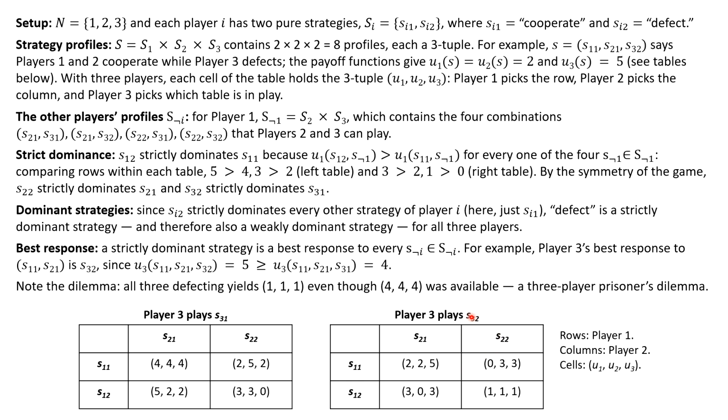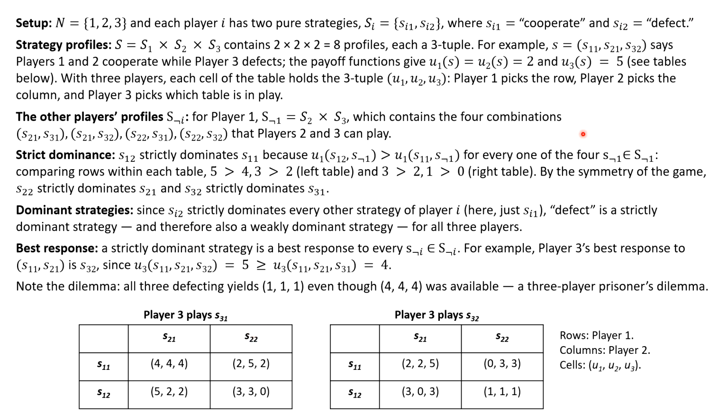And so player 2 would play S22, picking the dominant strategy. In all cases, it would always make that selection. And we can do the same thing for S32, that's actually dominant over S31. We need to compare each one of these to the same cell on the opposite side here. Looking at the third entry, 3 is greater than 2, 5 is greater than 4, 1 is greater than 0, and 3 is greater than 2. So in each case, the dominant strategy is the second one, to defect.